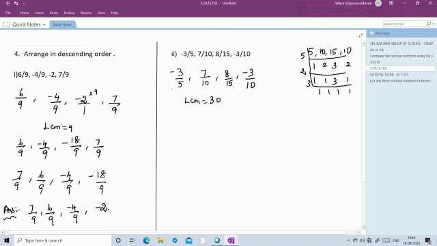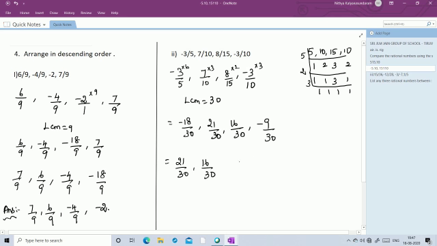Here we have the denominator 5, so by which number do you want to multiply? 5 6s are 30. Then 10 3s are 30. 15 2s are 30. 10 3s are 30. 3 6s are 18, minus 18 by 30. Then 21 by 30, 16 by 30, minus 9 by 30. Always compared to negative, positive is greater. We have two positive numbers, 21 by 30 and 16 by 30. So the greater number is 21 by 30, then 16 by 30.